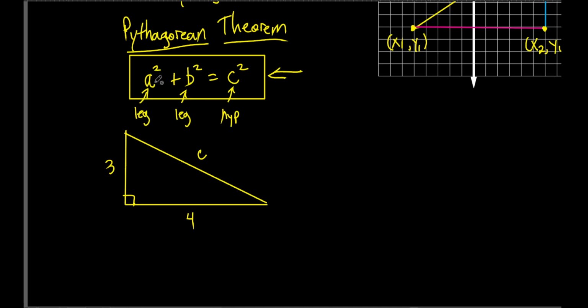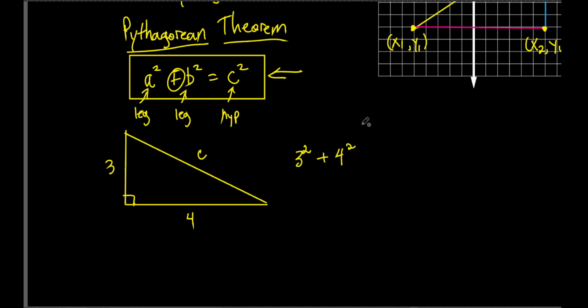So, what am I going to put in for A? You could put 3 or 4. It doesn't make any difference. Let's just use the 3. And what are we going to do with that A, though? We're going to square it, according to this theorem. And then we're going to put plus, right? Then we're going to take the other one. What's the other one that we didn't use? The 4. And we're going to square that.